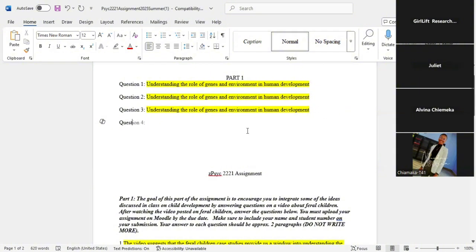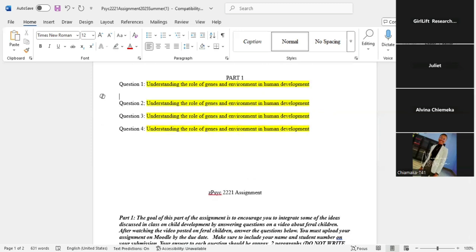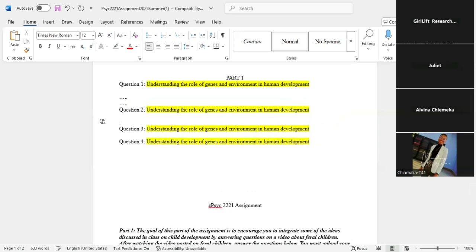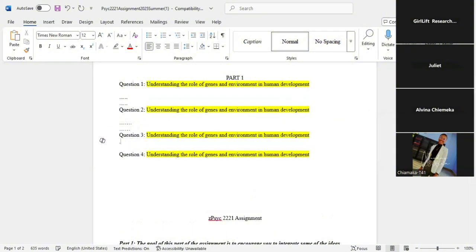Question 4, right? Question 4, with all of whatever we are saying that is happening and is not happening. Put all of that down there. Okay, so this is more like our skeleton sketch.